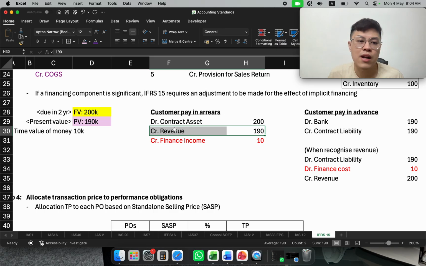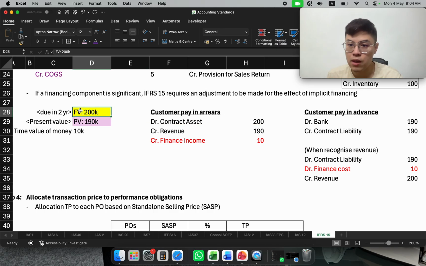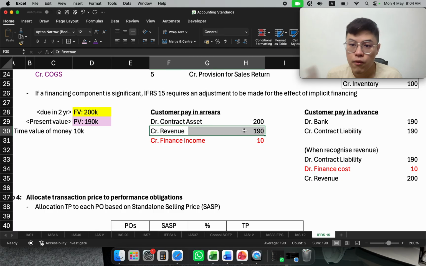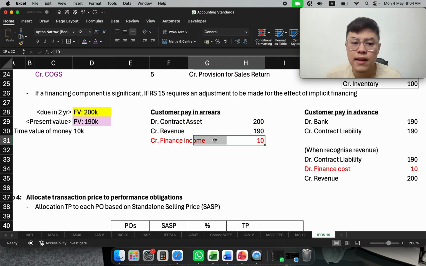Even though you are charging the customer 200 in 2 years' time, the revenue is actually worth 190 in present value terms. And the remaining 10,000 will be the finance income as a time value of money component.